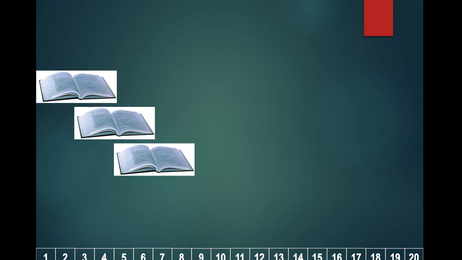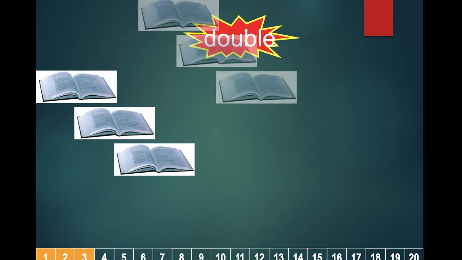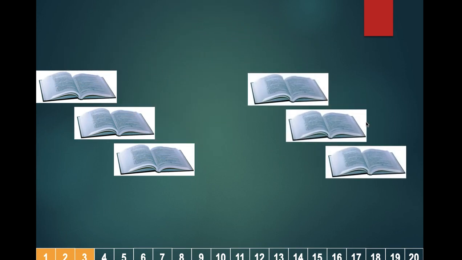Let me mark 3 on my number line first. 1, 2, 3. Now let's double this. Now we have 3 plus 3. How much? 4, 5 and 6. So when we double, 3 becomes 6.